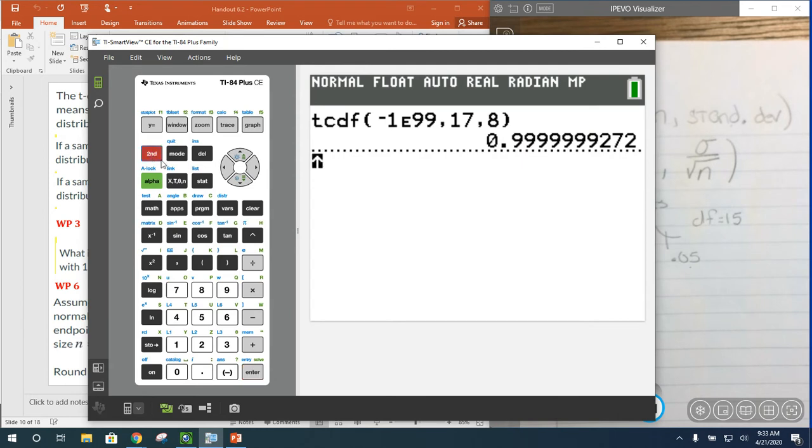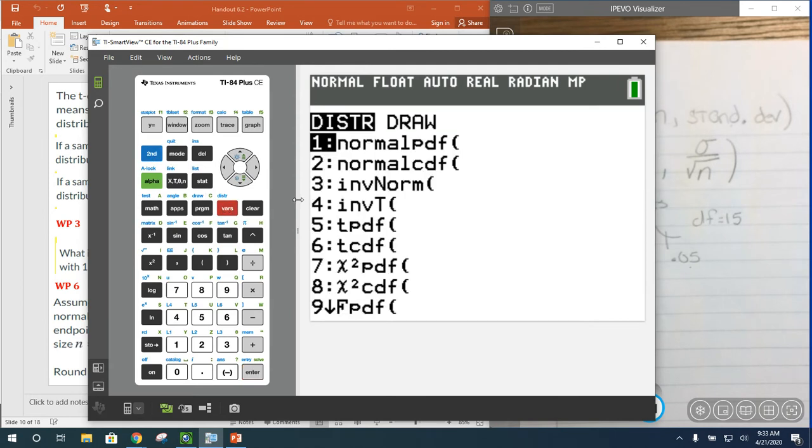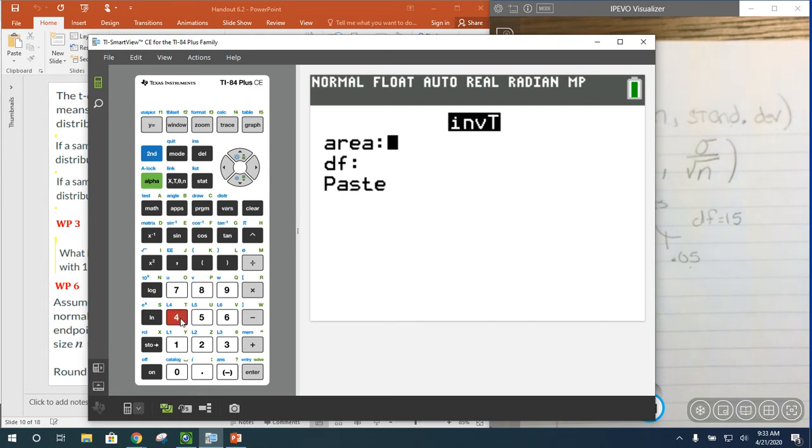In my calculator, I'm going to go to my second vars. Remember what we're trying to find here: we are looking for the endpoints. So we want an inverse t, number 4. For the inverse t, I'm going to use a 0.05. I know my degrees of freedom are 15 because it told me that was the degrees of freedom. It didn't say that was the n, it said that was the degrees of freedom.